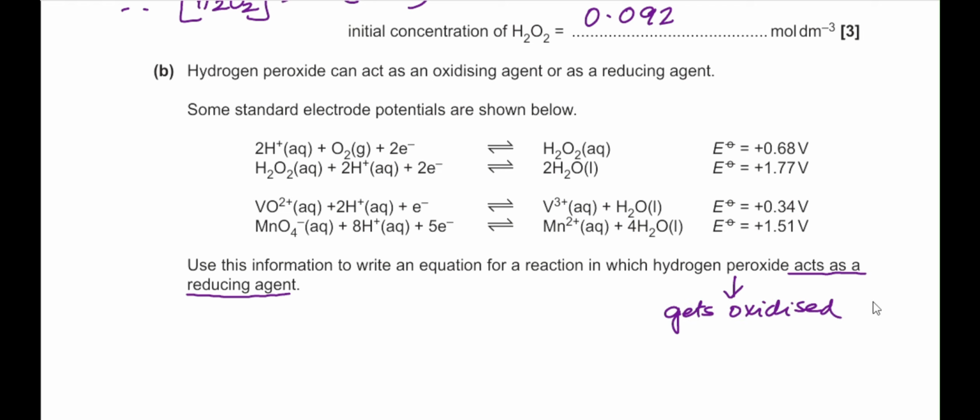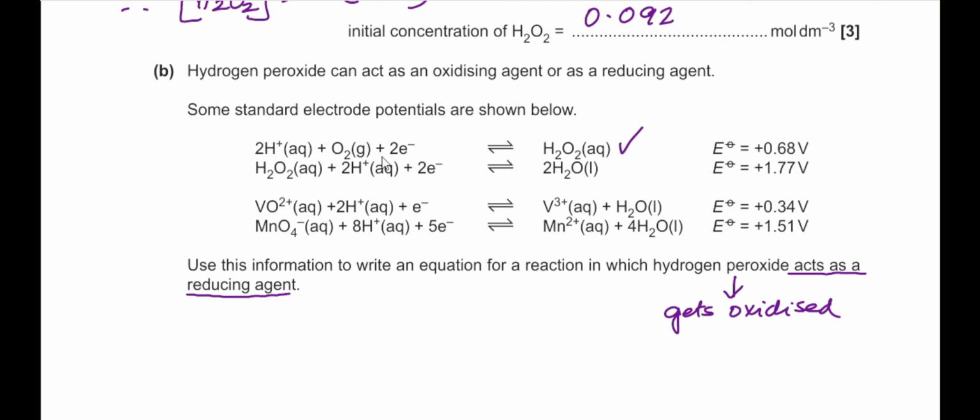Therefore, among these 4 systems here, look for a reaction in which H2O2 gets oxidized. So you can see here H2O2 on one side and plus 2 electrons on the other side, which means H2O2 is giving away electrons here. Therefore, this is a reaction in which H2O2 gets oxidized. But it's written in a form in which the reaction is a reduction reaction.